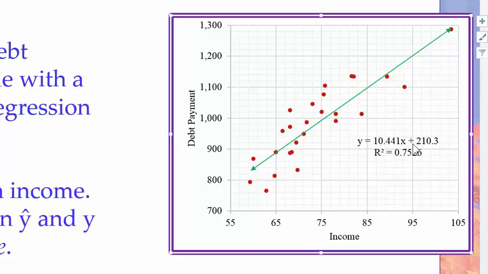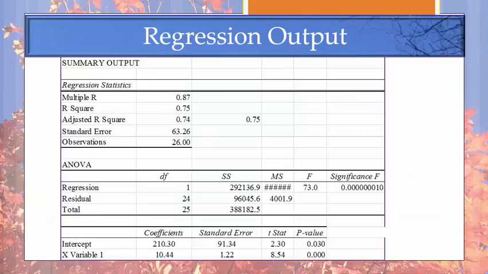So if x is 0, then we expect this line here to cross the y-axis at 210. So the r squared value suggests that the relationship is pretty strong. The relationship between the two variables, the attraction, if you will, is quite strong. Notice how these red dots are all kind of clustered around this line in a fashion that would suggest that the relationship is relatively strong.